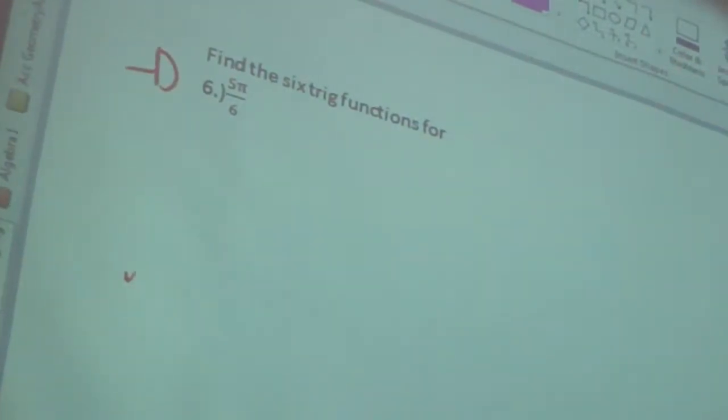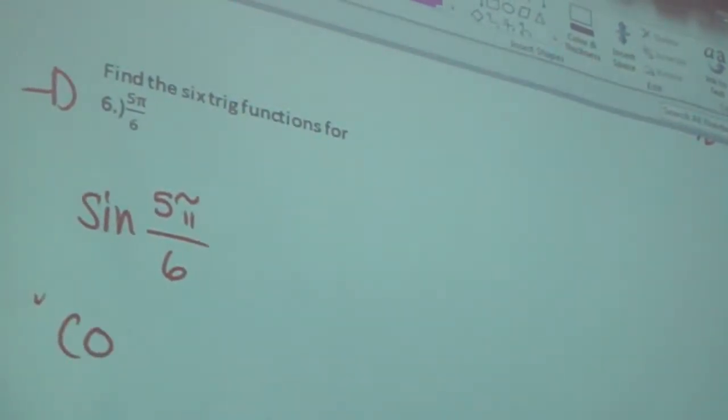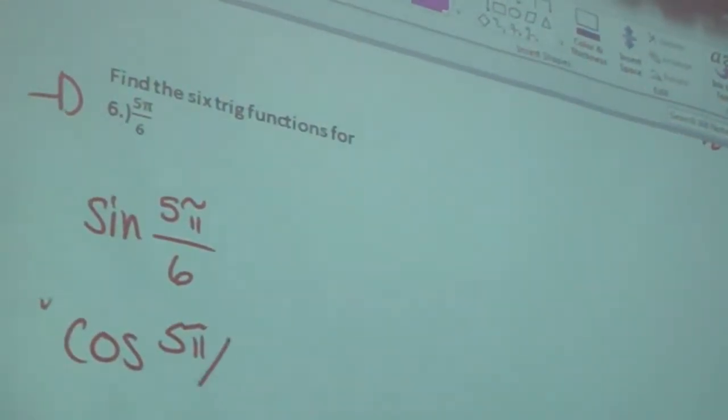Find the 6 trig functions of 5 pi over 6. Now we just have to make sure that we're looking at radians instead of degrees. It's going to be the exact same thing.